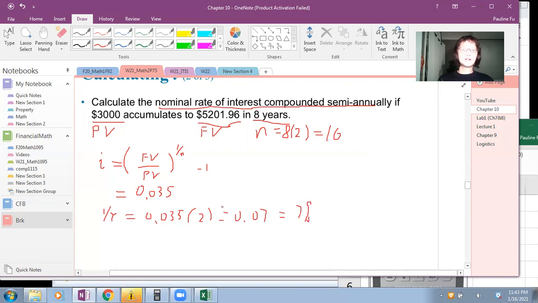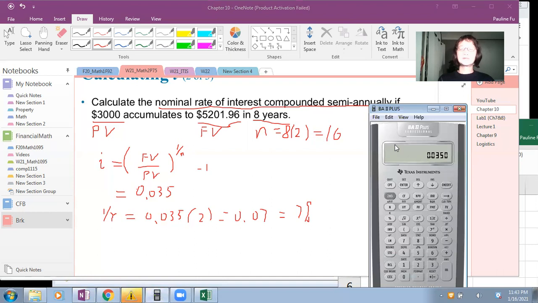There is a function in the calculator that directly calculates the interest rate. So let's do it. Interest is compounded semi-annually, so we need to set up PY equal to 2, and CY is 2, second quit. Then enter 3,000 as a negative number for PV, and $5,201.96 as FV.